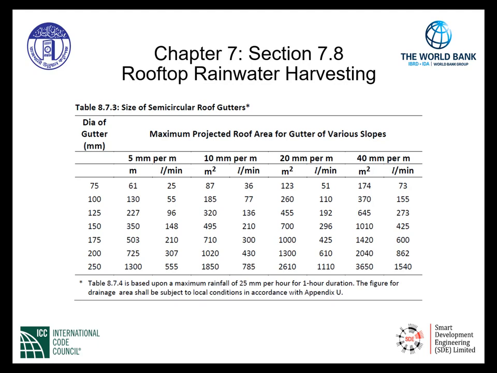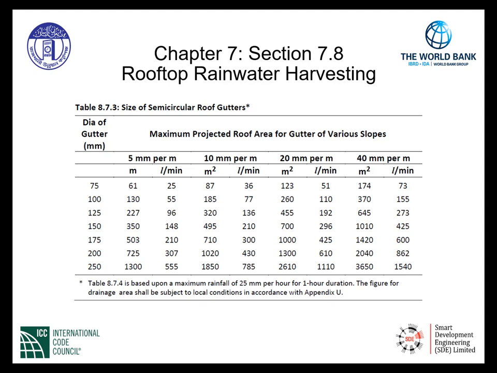This table is based upon a maximum rainfall of 25 millimeters per hour for a 1-hour duration. The figure for drainage area shall be subject to local conditions in accordance with Appendix U. This table could be utilized in multiple ways to determine the diameter.